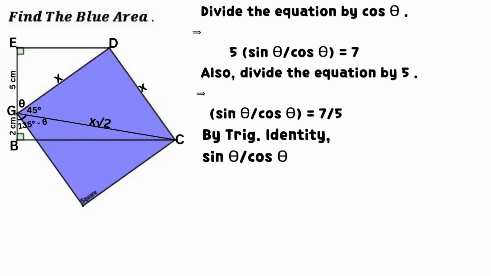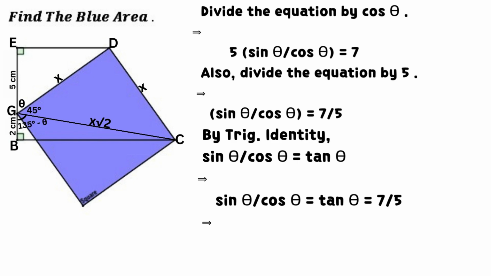By trigonometric identity, sin theta divided by cosine theta equals tan theta. This implies that tan theta equals 7 divided by 5. We call it equation 3.